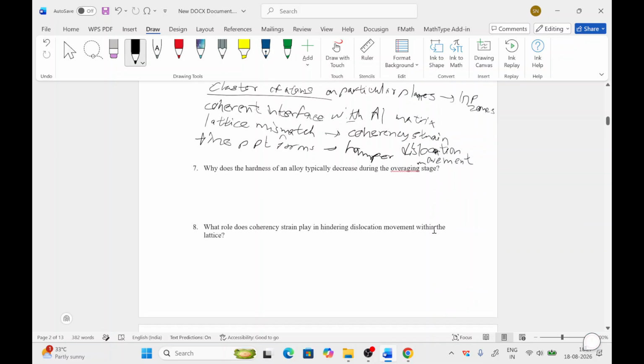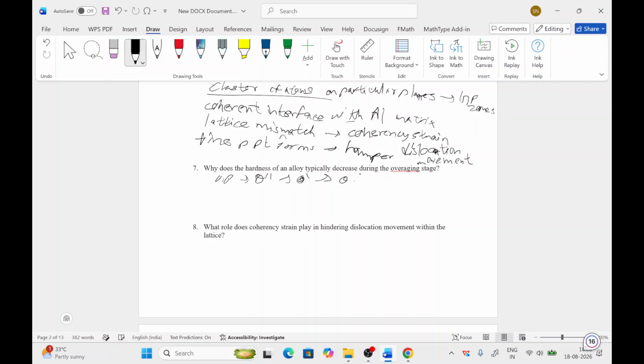So the next question is, why does the hardness of an alloy typically decrease during the overaging stage? The overaging stage means that after GP zone formation, theta double prime forms, and with increasing time, theta prime forms, and after that the equilibrium phase, theta, forms.